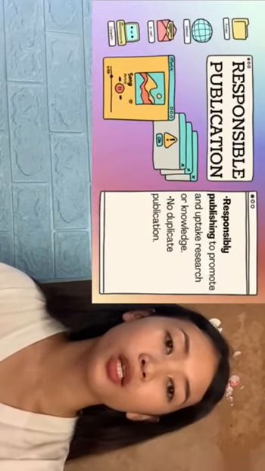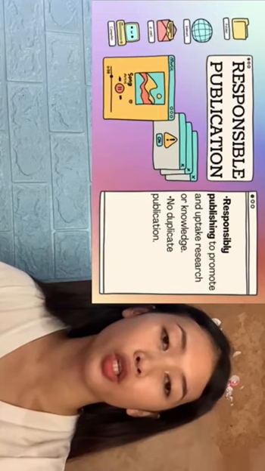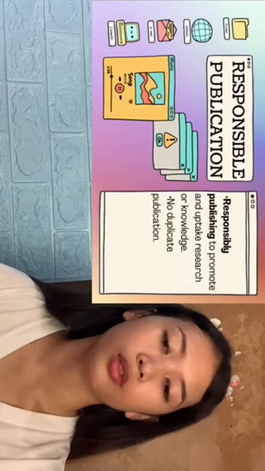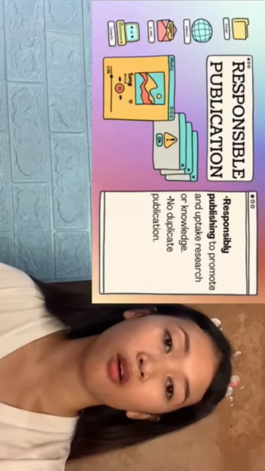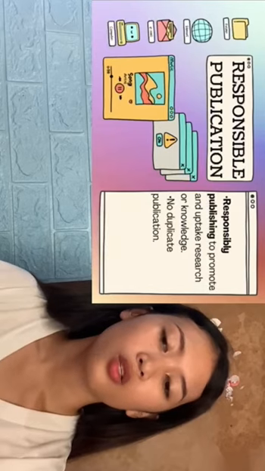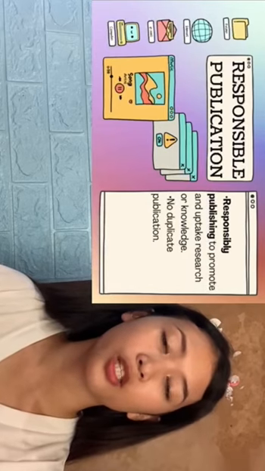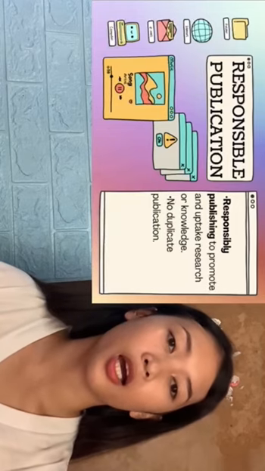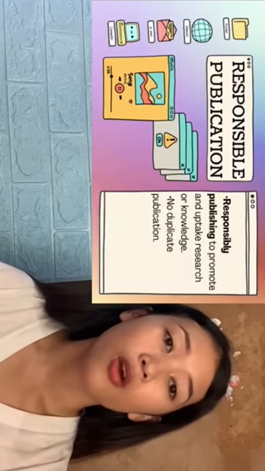Next is responsible publication. It is responsibly publishing to promote and uptake research or knowledge. It is no duplicate of the publication of the research or the study that you have. So when we say responsible publication, you are going to publish the research study responsibly.